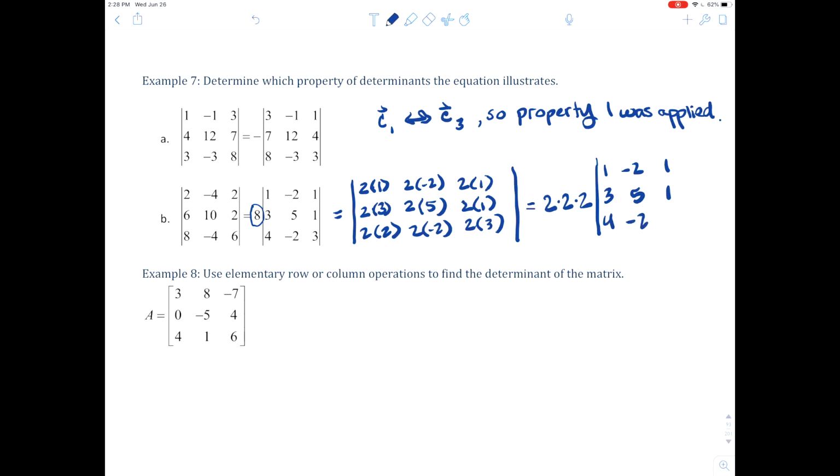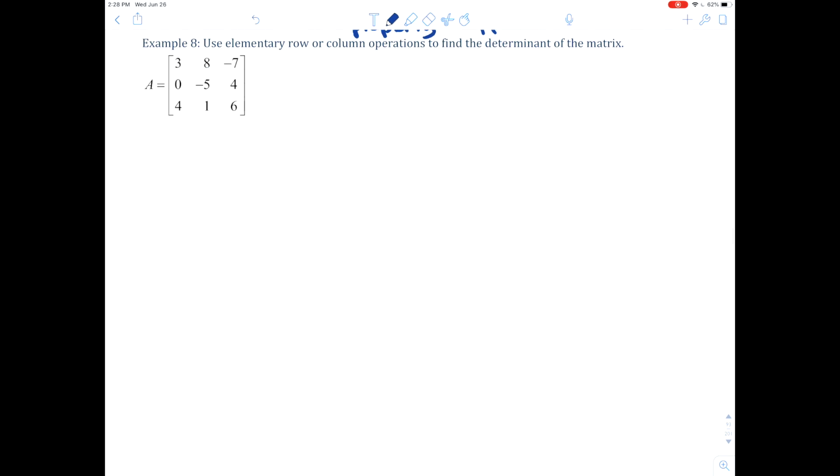So going from one to the other, it turns out that property 3 was applied multiple times. Three times. Cool?